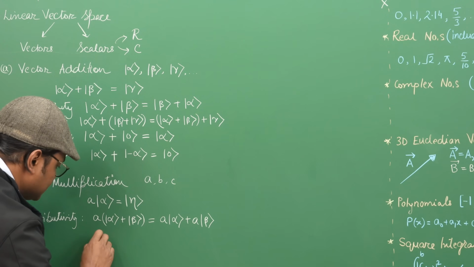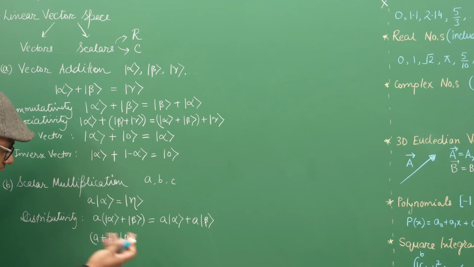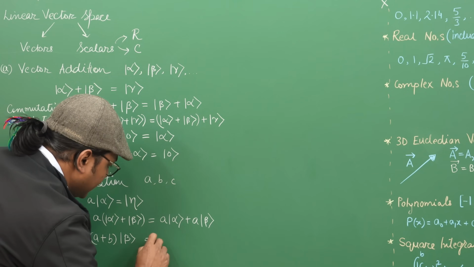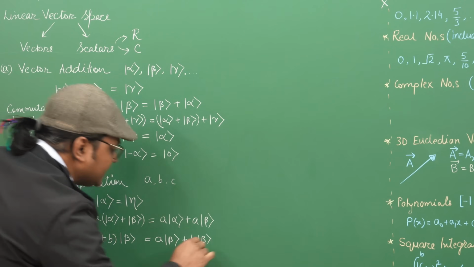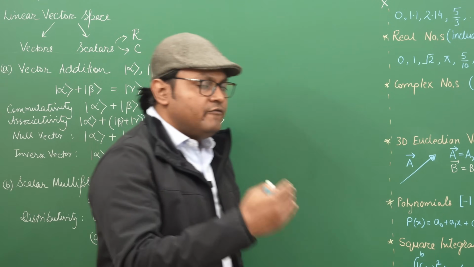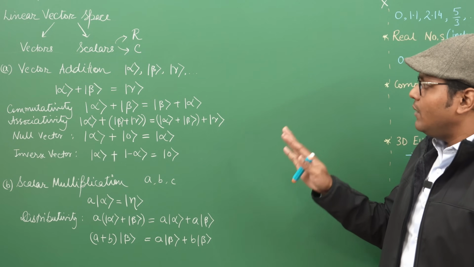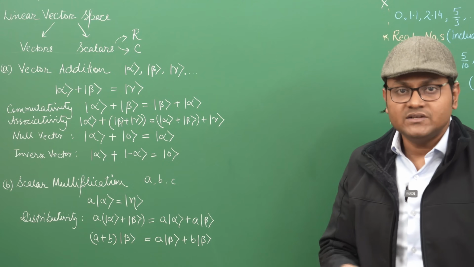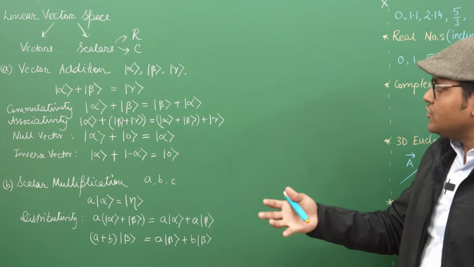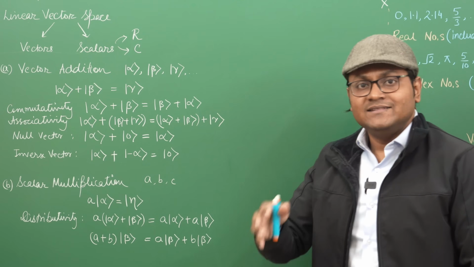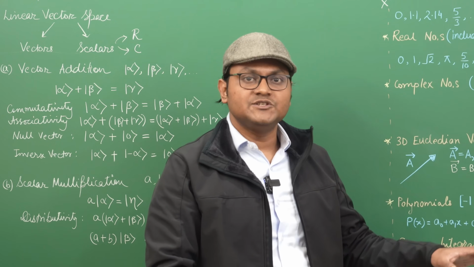Similarly, if I have the sum of two scalars A plus B being scalar multiplied to beta, I should get A beta plus B beta. Now, of course, these operations may look very trivial to you, but you have to understand that we are trying to come up with a very abstract space with certain properties that need to be valid, properties of various mathematical operations, and then we need to be able to check if those properties are satisfied by different kinds of mathematical spaces.